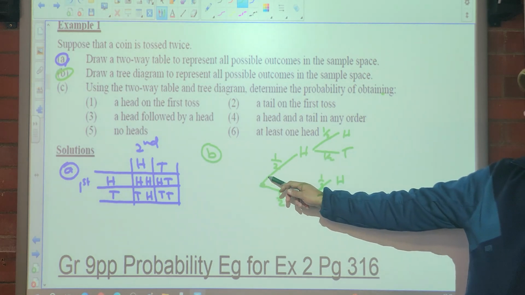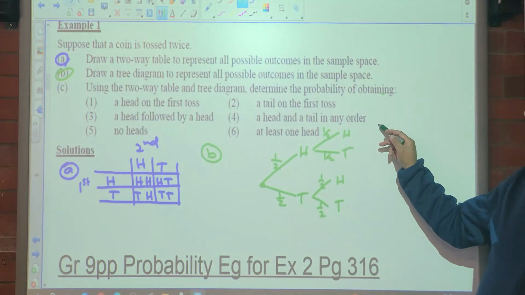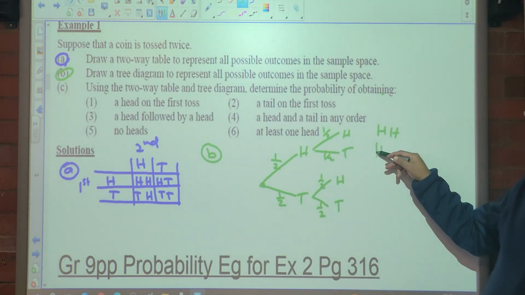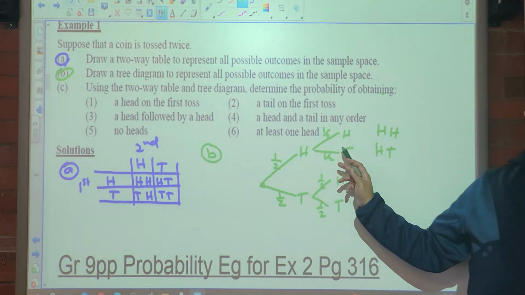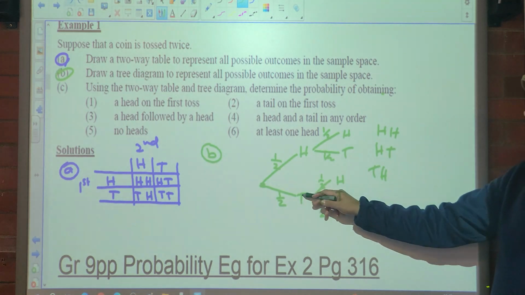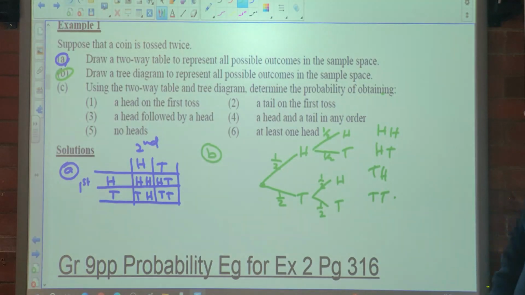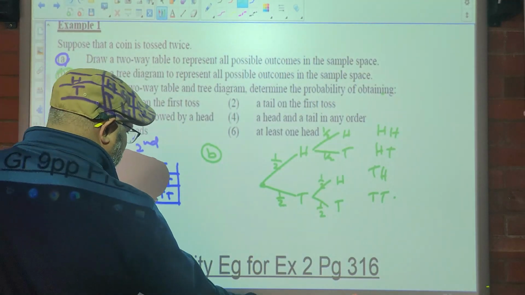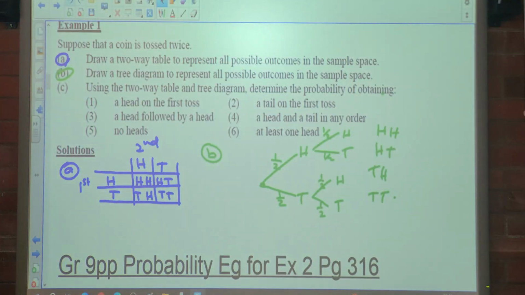So if I follow these branches, that could be heads, heads, heads, tails. So this one is exhausted. Right? Then it could be tails, heads, or tails, tails. Do you guys understand? Is there any confusion? No? Easy, no?